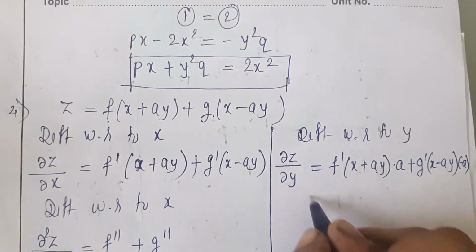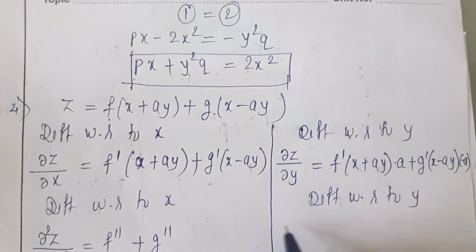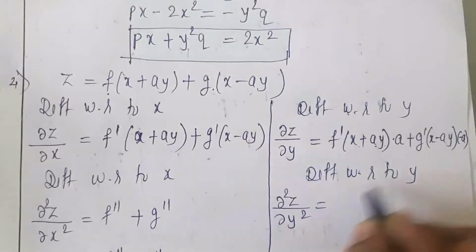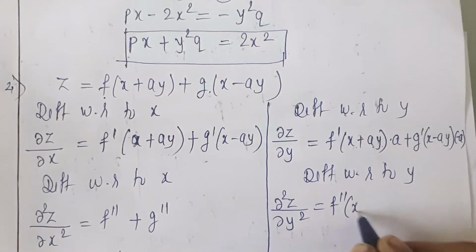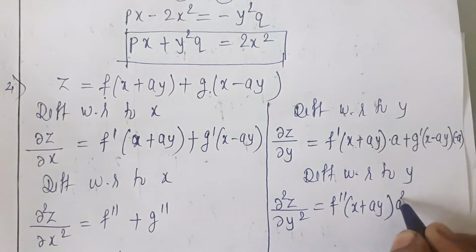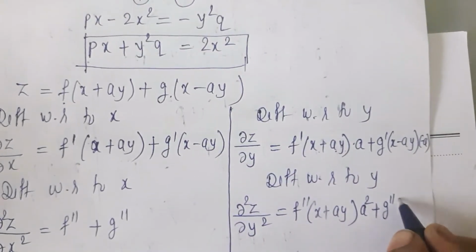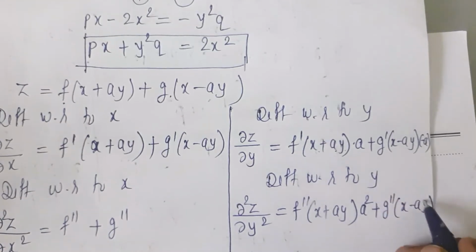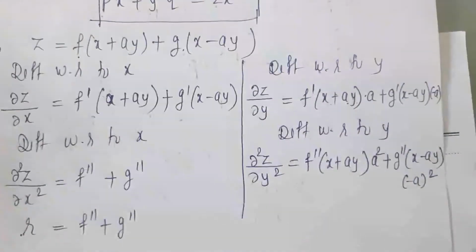Next, again we differentiate this partially with respect to y. So del 2z by del y square is equal to, already we have one a, f double dash of (x plus ay) multiplied by a again, so a into a becomes a square, plus g double dash of (x minus ay) multiplied by minus a, and again its derivative is minus a, so minus a into minus a is minus a square.